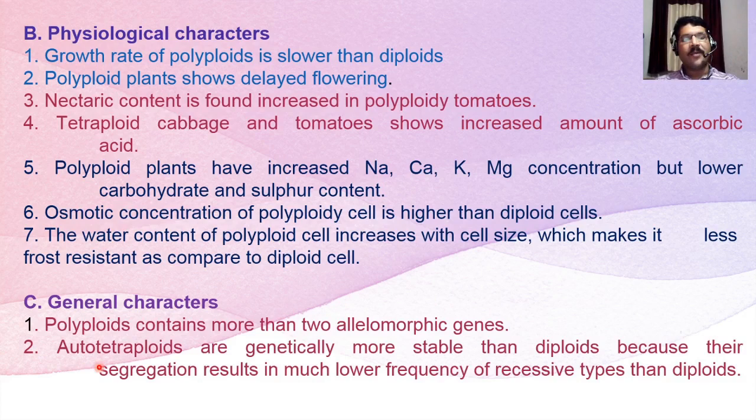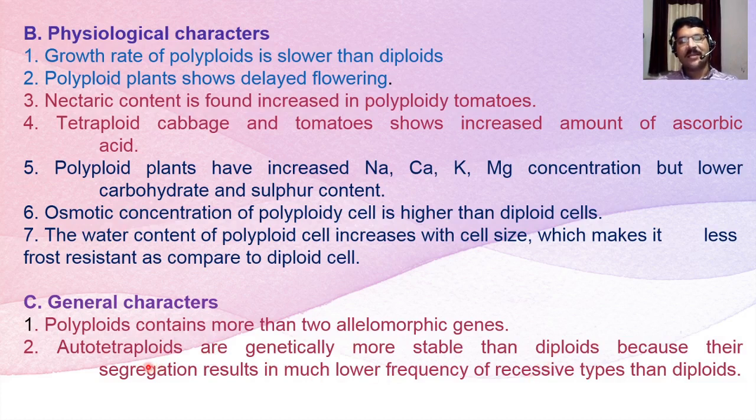Then autotetraploids are genetically more stable than diploids because their segregation results in much lower frequency of recessive types than diploids. So here you can see these autotetraploids, which are polyploids, are genetically more stable as compared to the diploid.